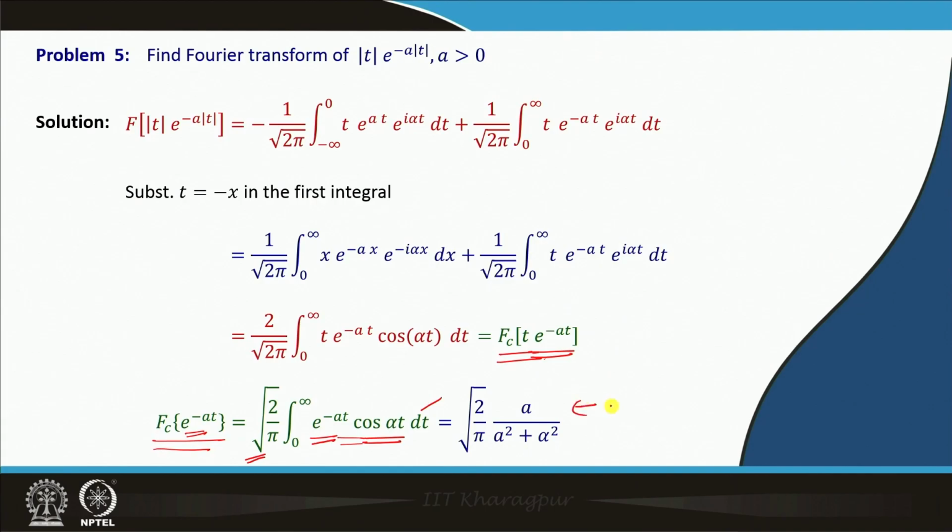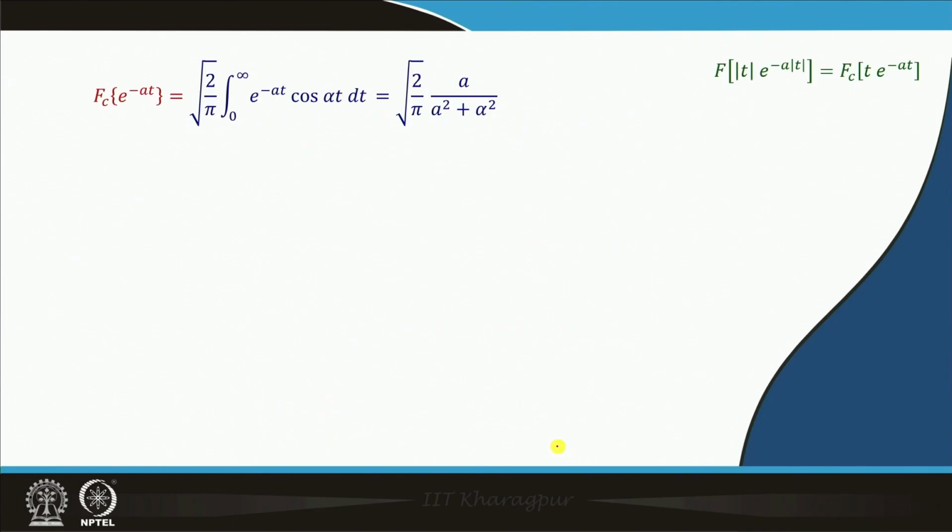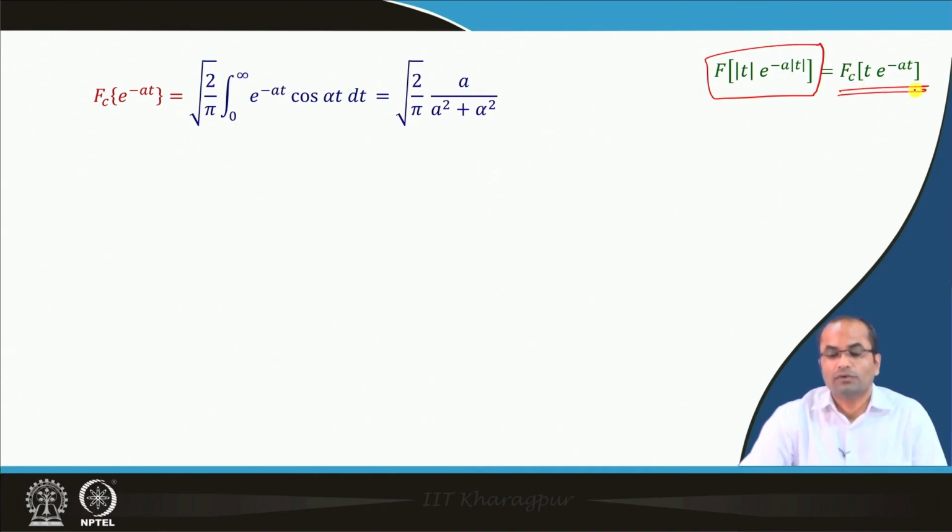That will be a over a square plus alpha square. So, this Fourier cosine transform of e power minus a t is given as square root 2 over pi times a over a square plus alpha square. Having this in hand, we want to get the Fourier transform of the absolute value of t into e power minus a t, that is the Fourier cosine transform of t e power minus a t.